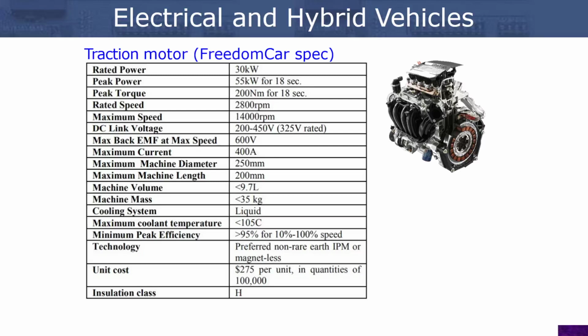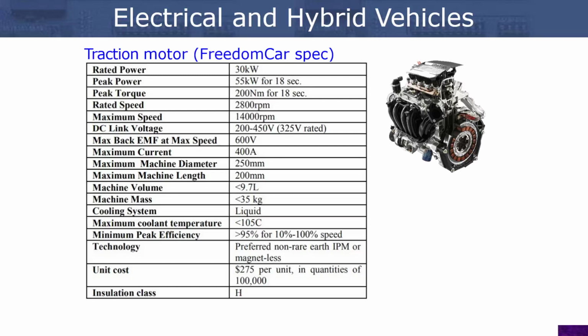They are operated from a DC voltage of 200 to 450 volt. So you have to have a battery bank providing 325 volt rated. You must have rechargeable batteries connected in series to produce this 325 volt. And the maximum back EMF at maximum speed is 600 volt. This is the back EMF of the motor.